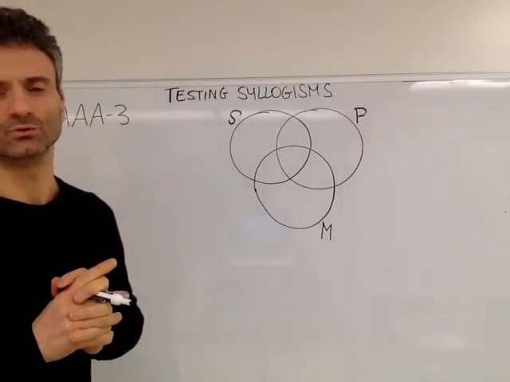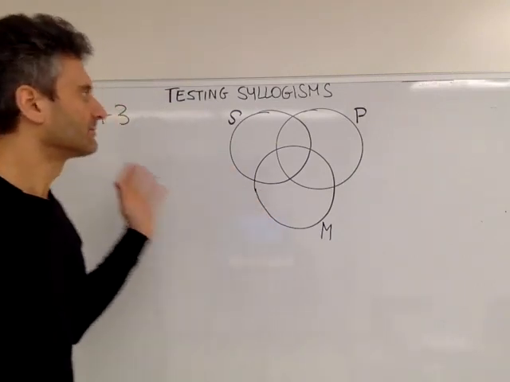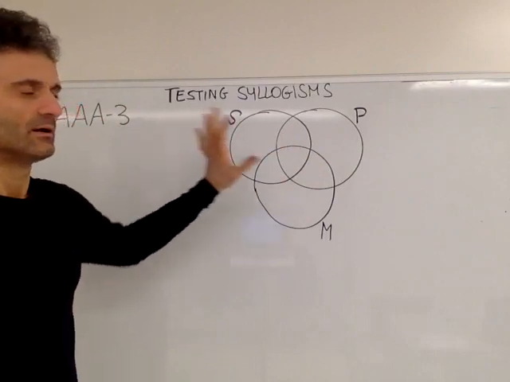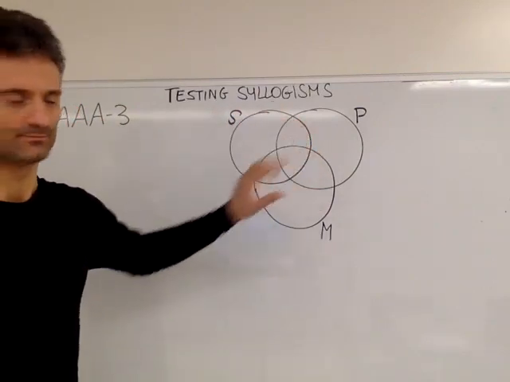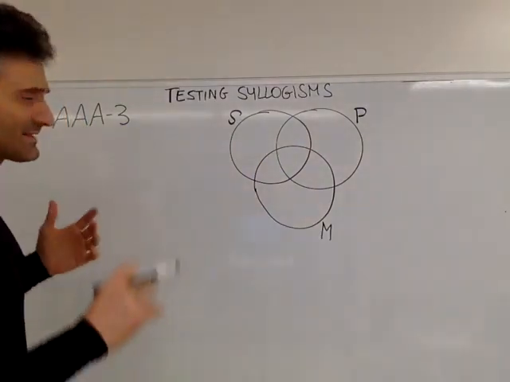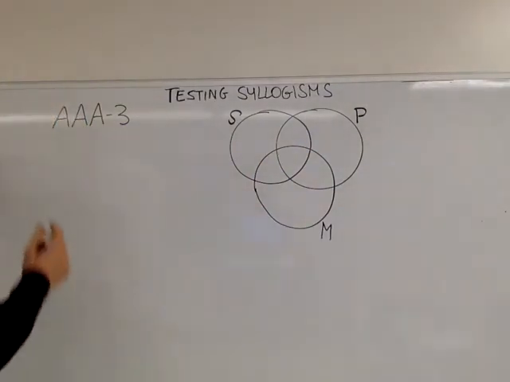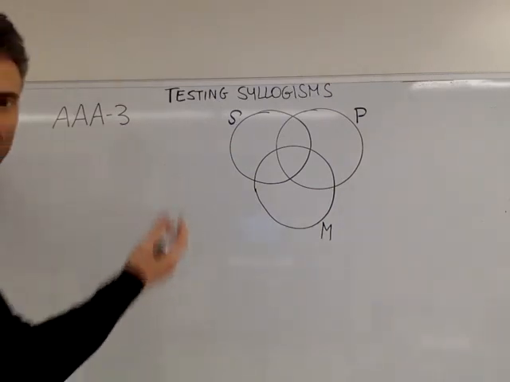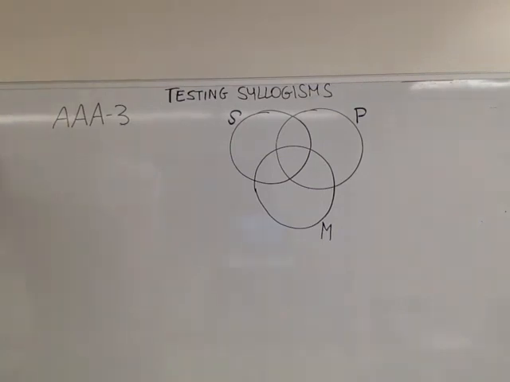What you have to do is reconstruct the argument, and then you diagram the argument right here. So let's reconstruct the argument. What do I mean by reconstruct the argument?